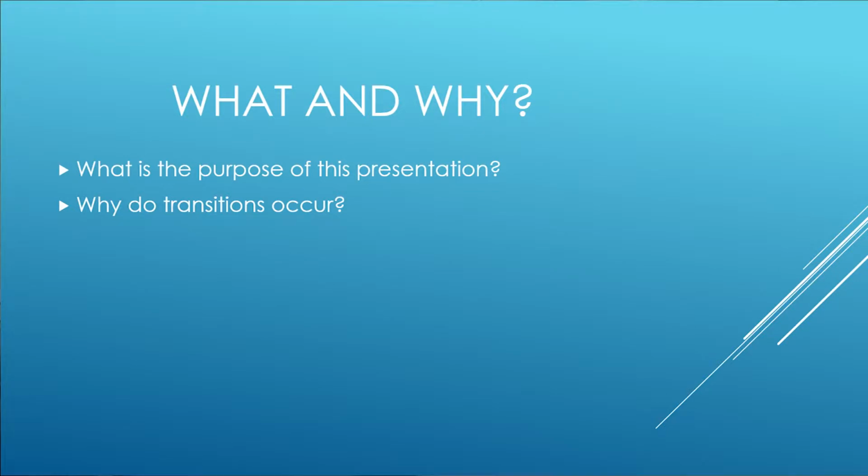So what and why? What is the purpose of this presentation? The purpose is to give your organization some strategies that will allow it to have a smooth officer transition from year to year. And a little bit on why it is important: the officer transition is the single most important event that takes place in the student organization year, whether that be an academic year from August to August or a fiscal year from January to December.